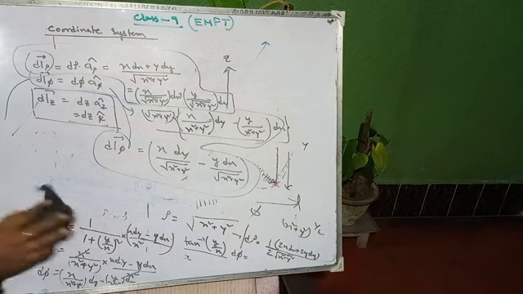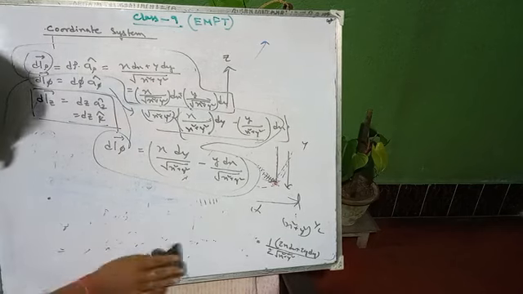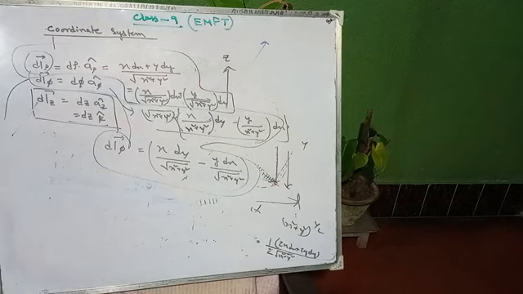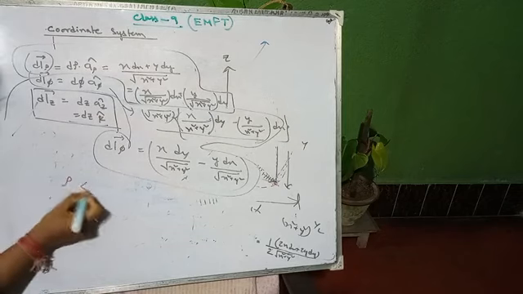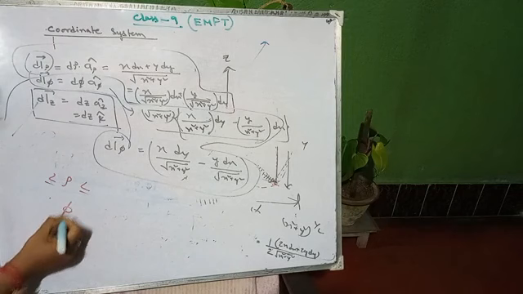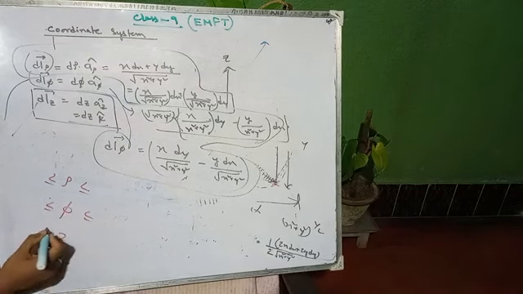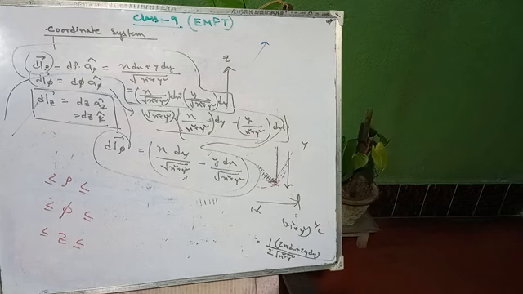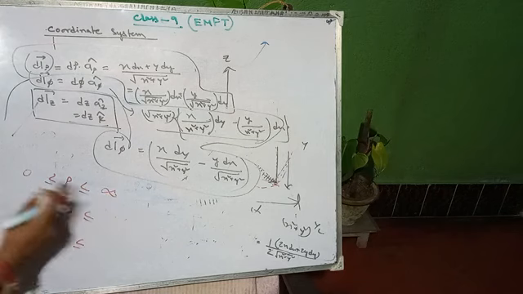So now you have to find the range of it. So what is the range? That is, rho varies from how much, phi varies from how much, and z varies from how much. Okay, so what is the rho? Rho is nothing but the radial distance. So rho varies, always remember, 0 to infinity, not minus infinity to infinity.